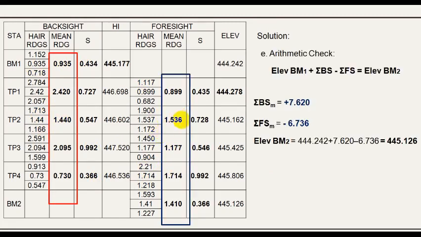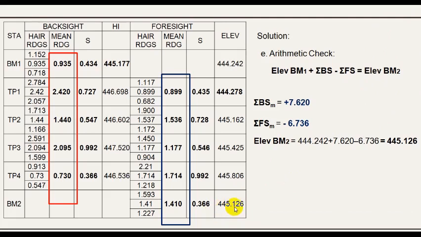Then lastly is to perform the arithmetic check. For this, we have the same formula, which is the elevation of benchmark 1 plus the summation of the backside minus the summation of the foresight equals the elevation of benchmark 2.